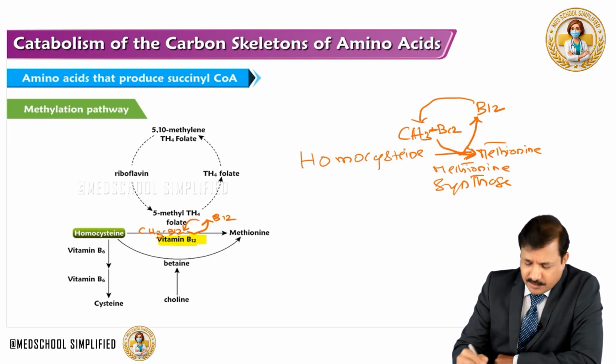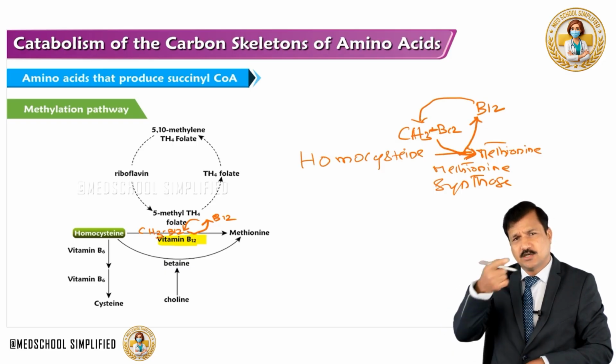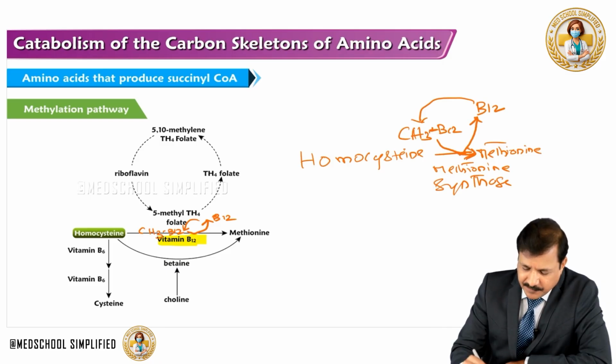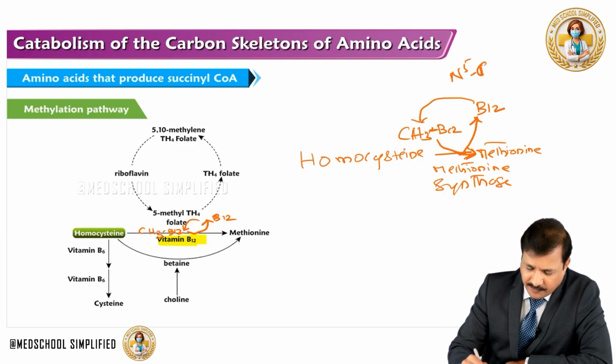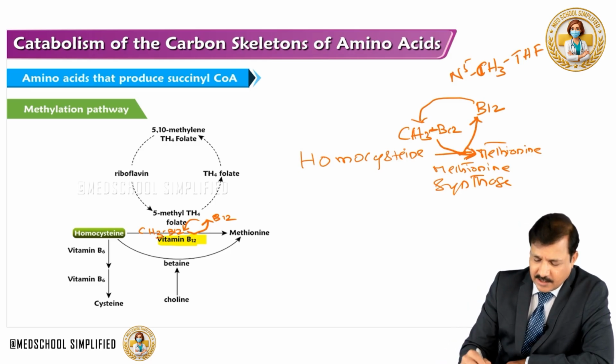In the regeneration process, something else has to give a methyl group to cobalamin so that cobalamin is converted back into methylcobalamin, and that is given by N5, that is the 5th nitrogen of folic acid attached with the methyl group, N5-methyl, that is CH3 tetrahydrofolate. N5-methyl tetrahydrofolate gives that methyl group to cobalamin and goes out as just tetrahydrofolate.